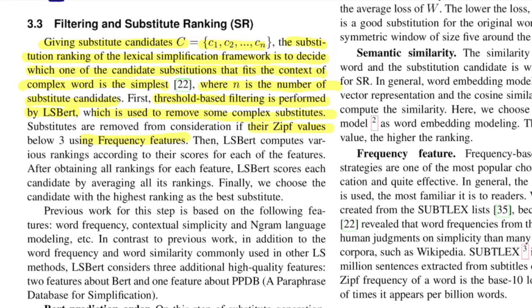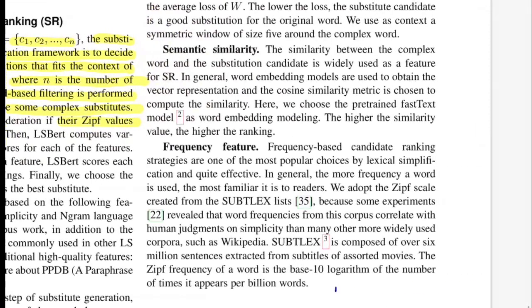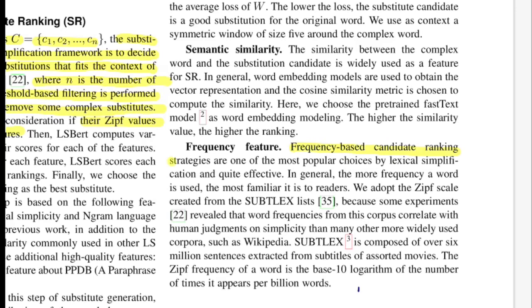Okay, so let's see what these frequency features are first. Frequency-based candidate ranking strategies are one of the most popular choices in lexical simplification and are quite effective. In general, the more frequently a word is used, the more familiar it is to the users. So the hypothesis they are building is that if a word is commonly used across the language, it has to be relatively simple compared to a word which is not often used.